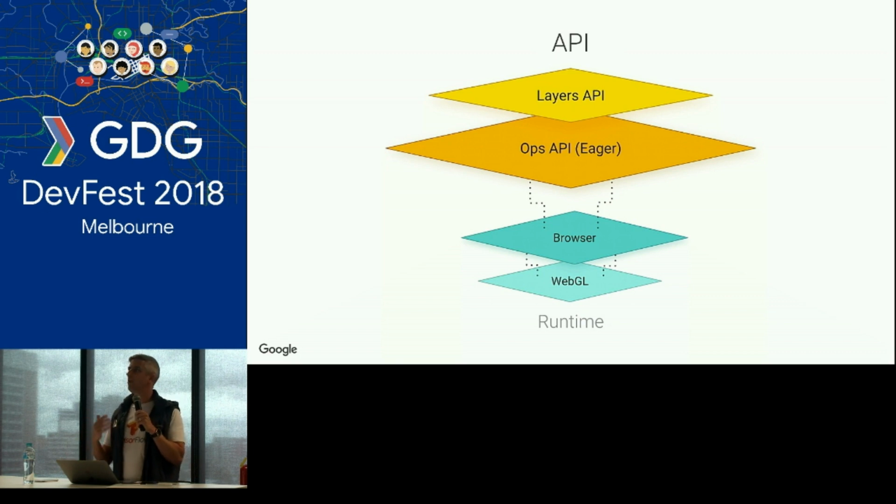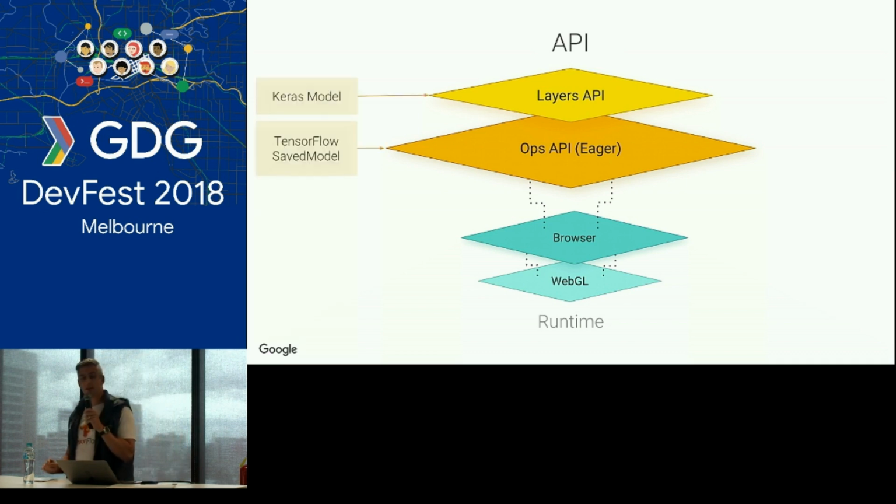If you want to write all of your models mathematically by hand, you can operate at this layer, or you can go a level up to the layers API. This is API compatible with Keras. If you have ever used Keras, either standalone or within TensorFlow, the API is identical. It works with the ops API, and you can choose what layer of abstraction you want to work at, or mix the two, because they all ultimately just operate on tensors.